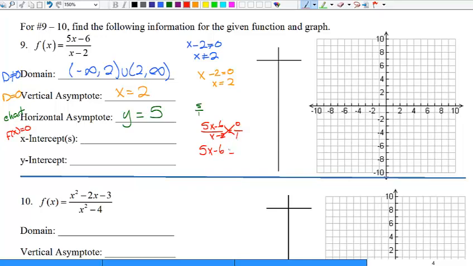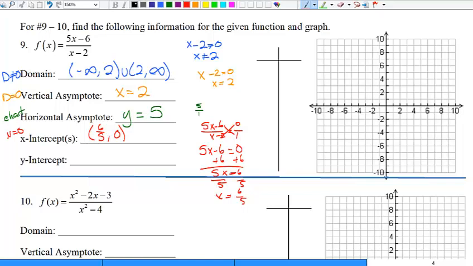All you really need to do is set the numerator equal to 0 and solve. Technically you could do the whole function, but it can save you one step to just set the numerator equal to 0. So I'm getting x is equal to 6/5. How do you write that? It's an x-intercept, so 6/5 is the x-coordinate and 0 is the y-coordinate.